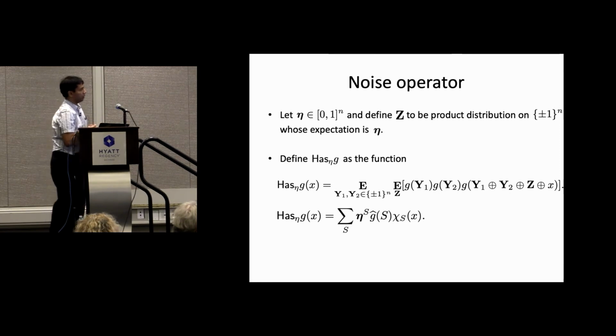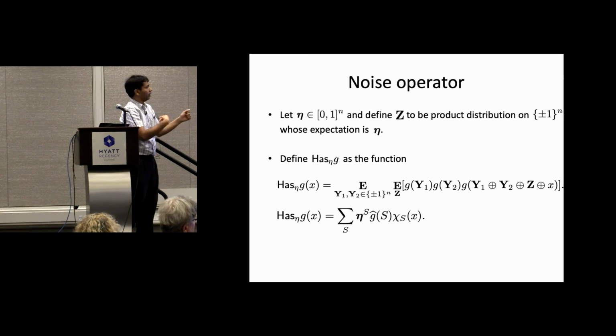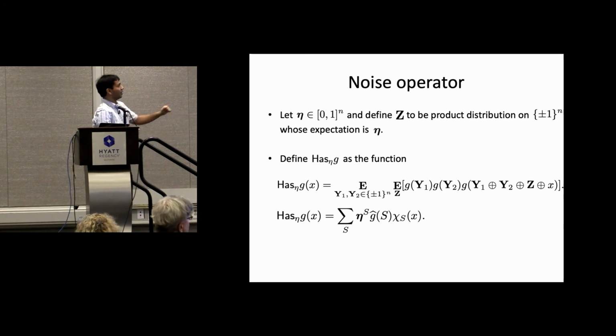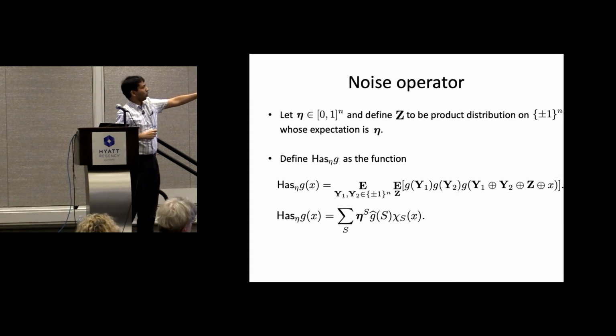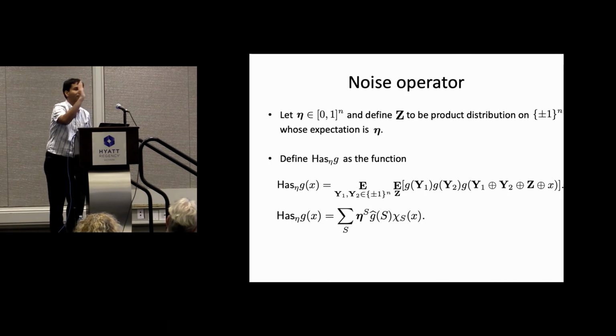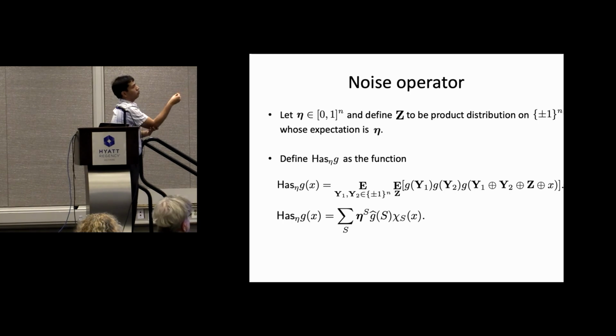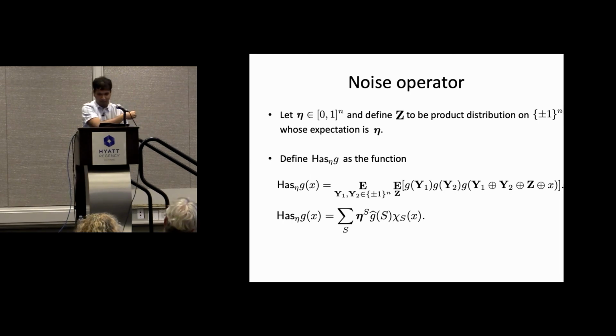The nice thing is, if you do the usual symbol pushing in Fourier analysis, you can show that this operator has a very nice effect on the Fourier spectrum of g, namely the Fourier coefficient corresponding to set S gets multiplied by eta^S, where eta^S is just the product of eta_i, i appearing in S. So it attenuates every Fourier coefficient in this very specific way.